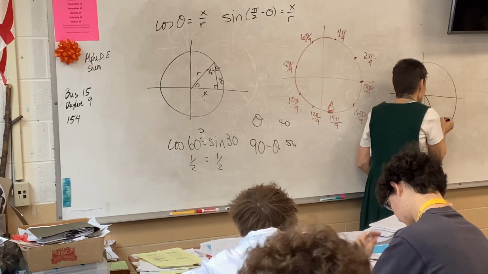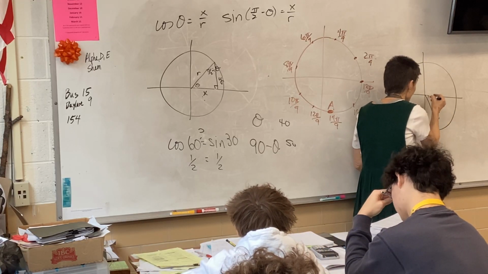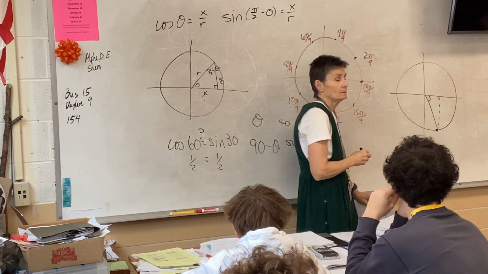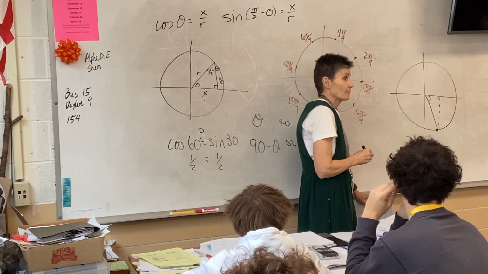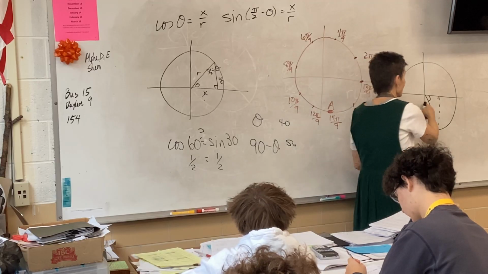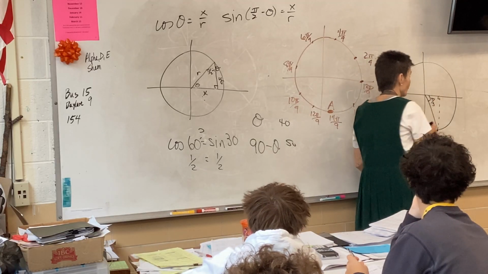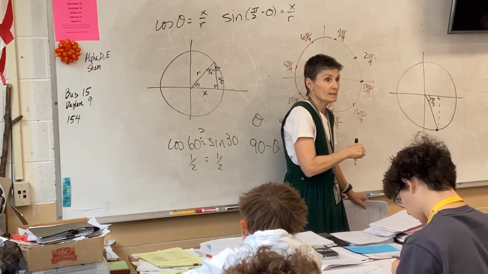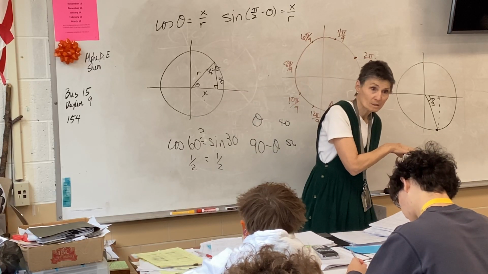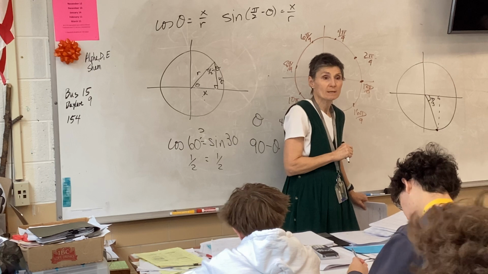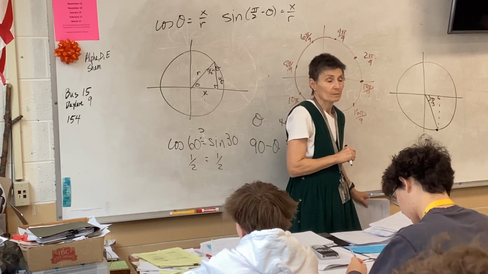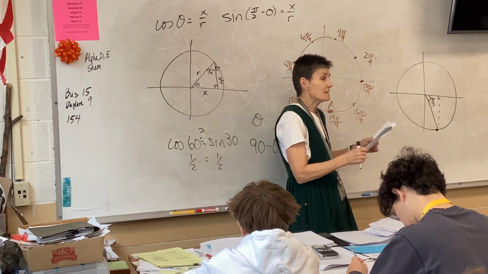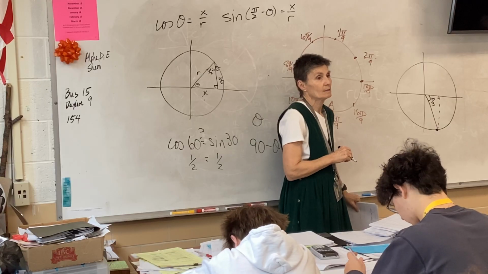Now, if I made a triangle, this is called the reference angle. That reference angle is pi over 3. Would you agree with me? This is a pi over 3 angle. It just happens to be in quadrant 4. So it's called 5 pi over 3. What about negative 4 pi over 3?